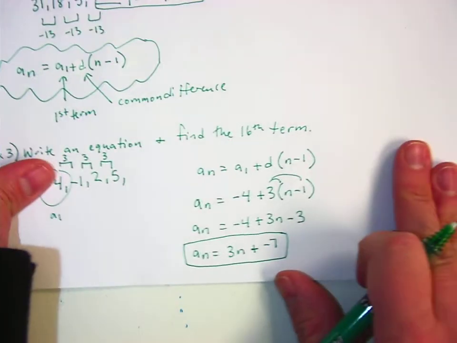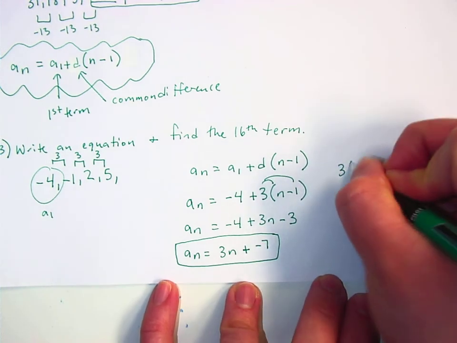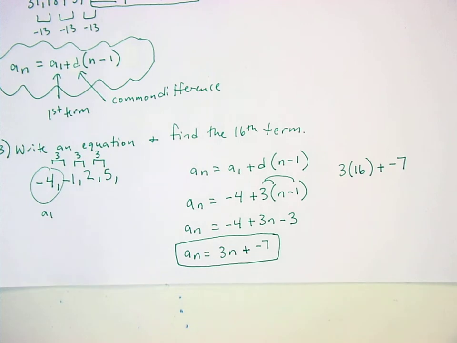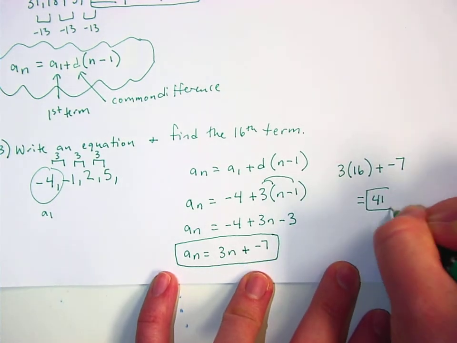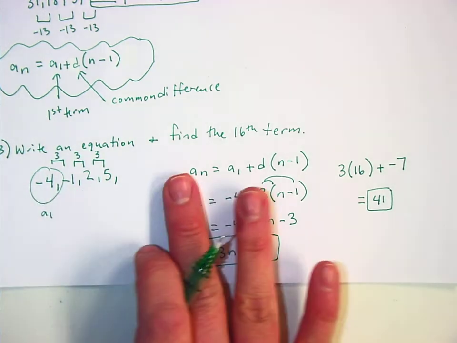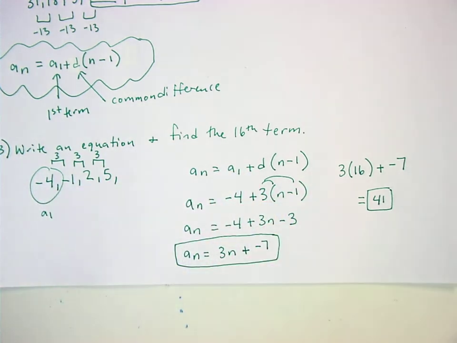Now, if I wanted to find out the 16th term, I would just plug in 16 into the equation. So in my calculator, I'm typing in 3 times 16 plus a -7, and that equals 41. Now, I could have gotten the same number by just continuing the sequence until I got to the 16th term.